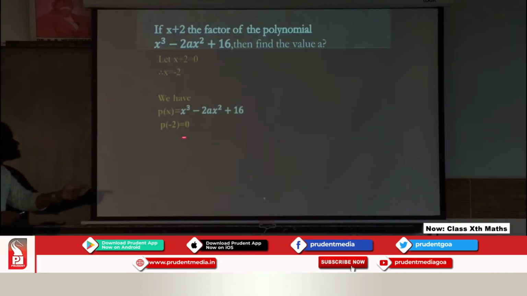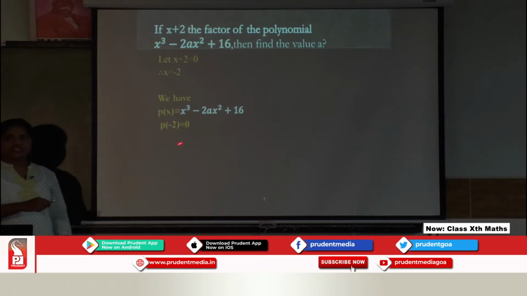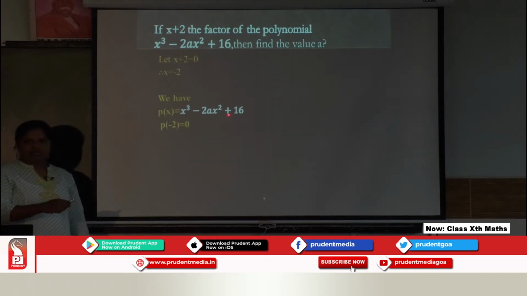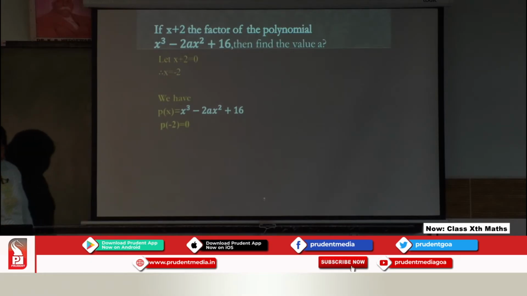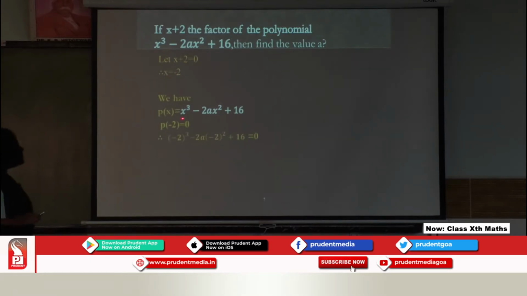So the next step is to substitute this value in the polynomial. So let's substitute. In the first place I have x cube. Wherever there is x, I will replace it by minus 2. I get minus 2 cube minus 2a, again minus 2 square plus 16 is equal to 0.